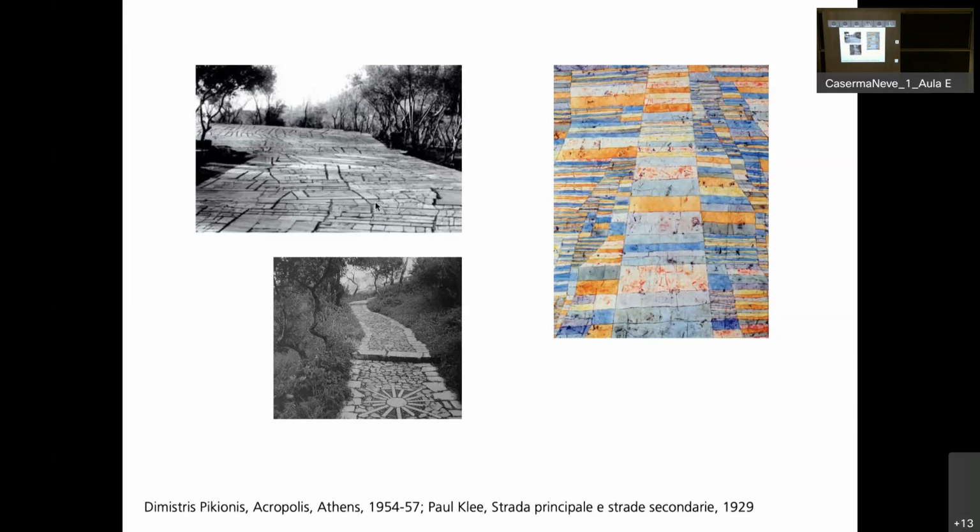So an operation that wasn't exactly philological, but that mixed existing ancient materials with new materials, all merged together in this incredibly rich sensorial pattern, and developing through a path on the hill in front of the hill of the Acropolis.